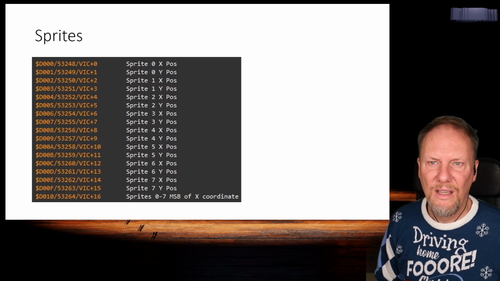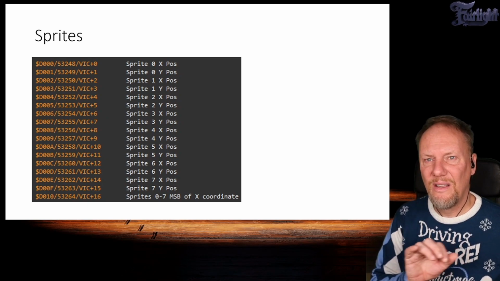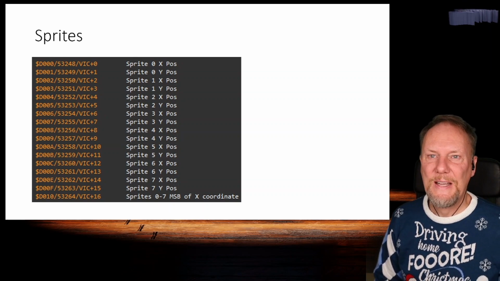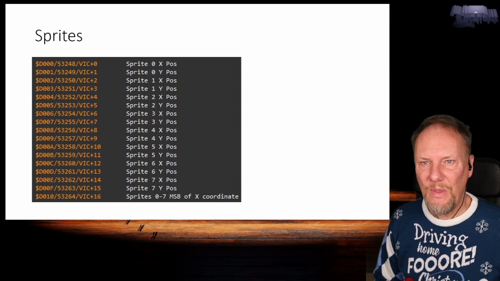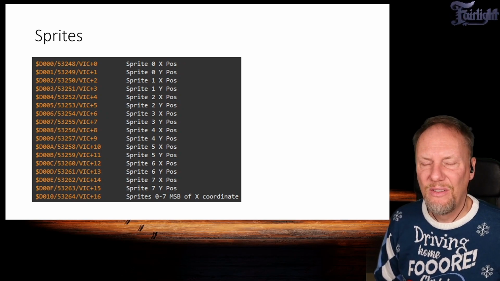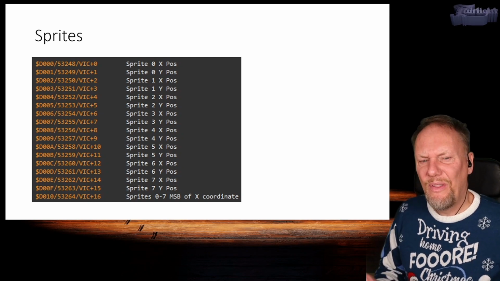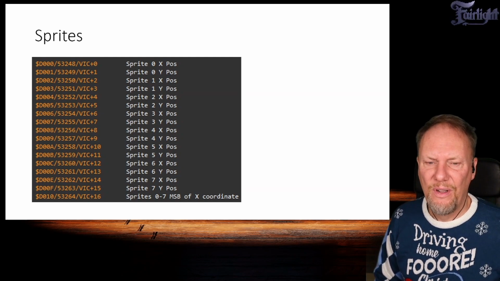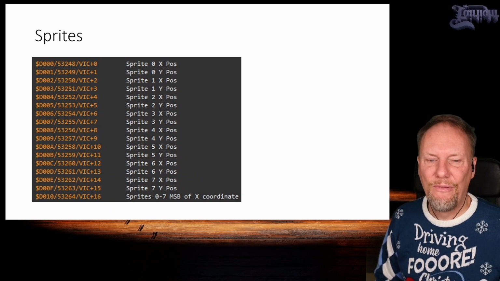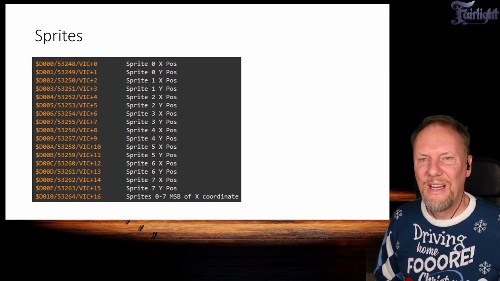And then since sprites can be set in the X direction to more than position 256, again you need an extra bit to tell if you want to set it to address 100 and beyond. One would think that there would be a need for also having a most significant bit for the Y position, but that doesn't really happen.